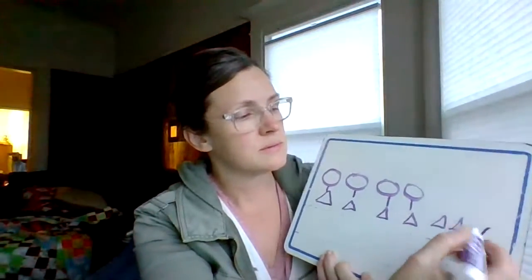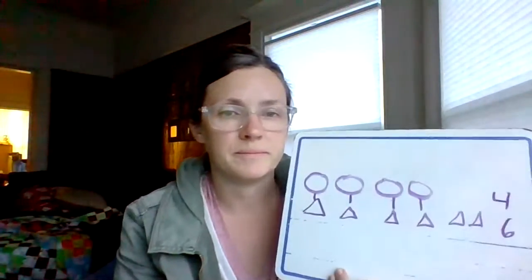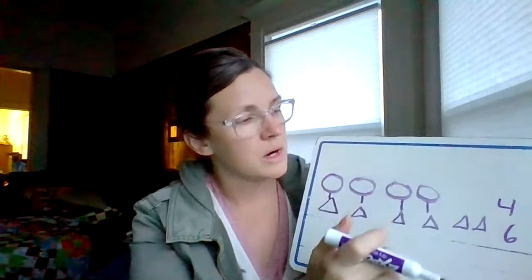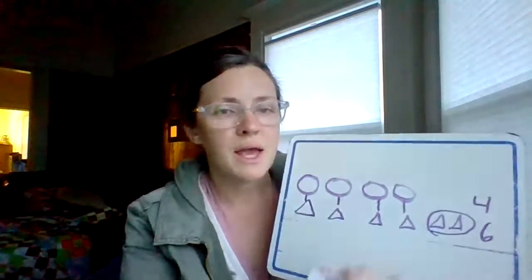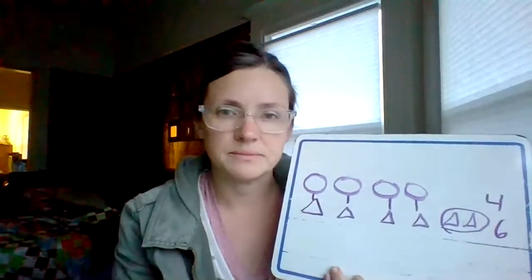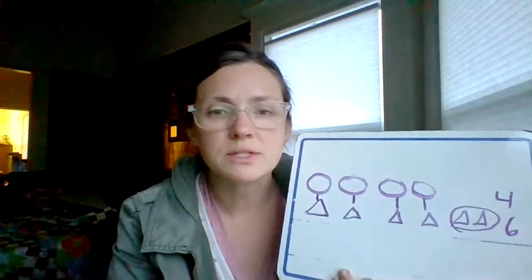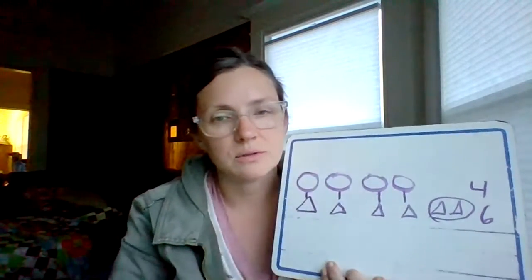And this has 4. So how many more? We circle the extras. How many extras do we have? 1, 2. We have 2 extra triangles. 2 more triangles than circles.